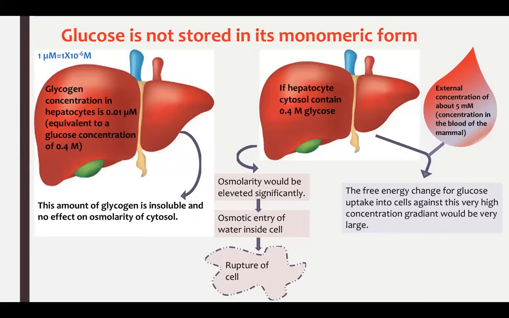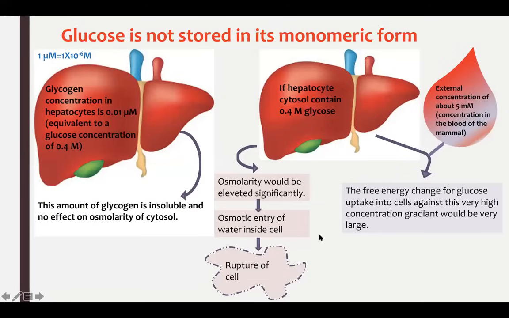Some glucose is instantly used, and the extra glucose is used to produce glycogen. Okay, so this extra glucose should enter the hepatocyte to produce the glycogen. So if that glucose were stored instead of glycogen, then this uptake of glucose would need more energy. Okay, that is what I have said here.